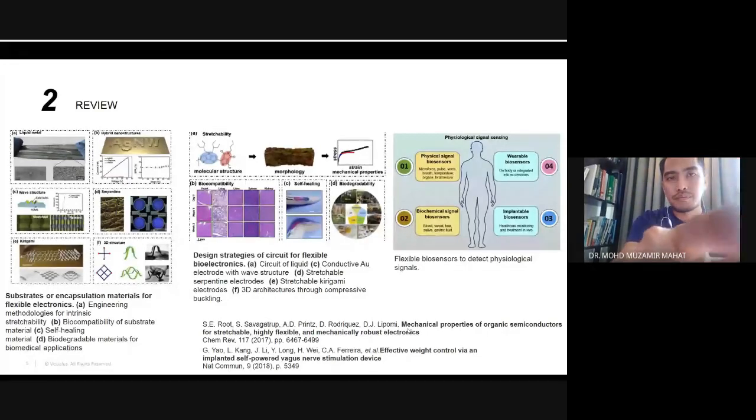Yeah. So if you see the next slide, it is about the review. What I'm showing now are the efforts by scientists to produce electronic devices.